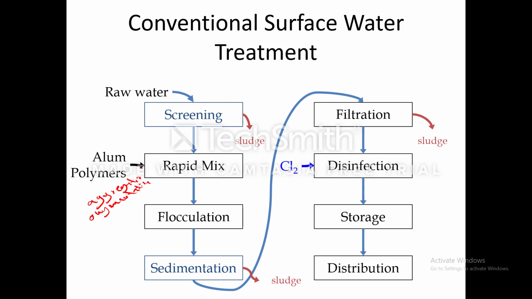Then sedimentation, which also produces sludge. Then it passes to filtration, then disinfection with chlorine, then storage, then distribution to the houses.